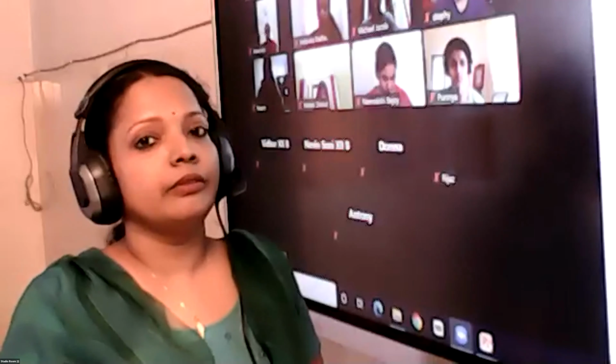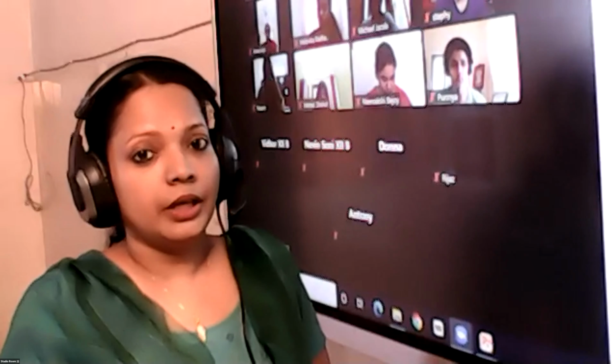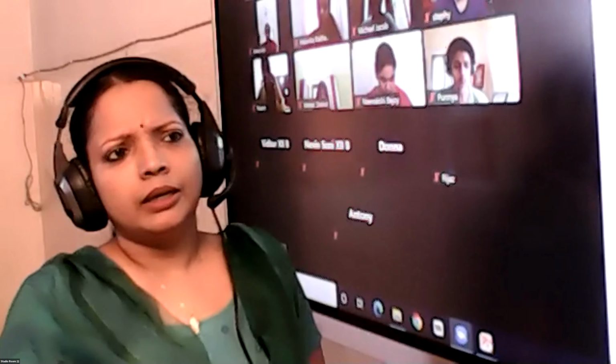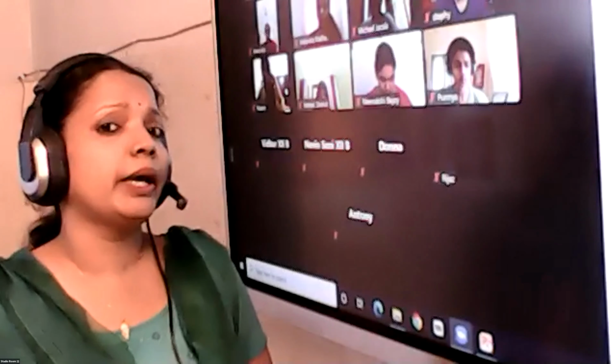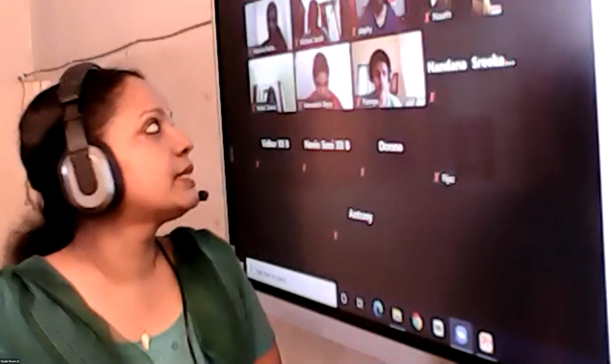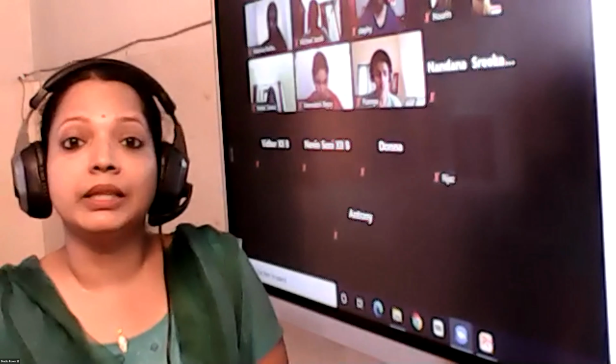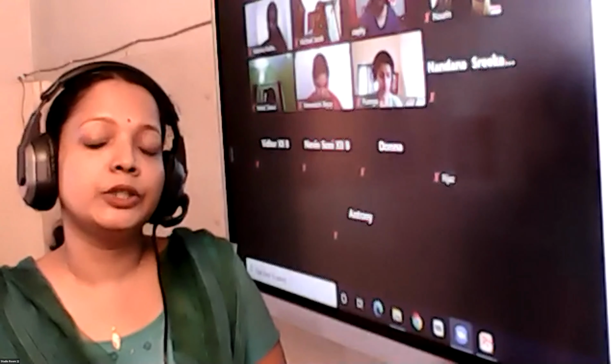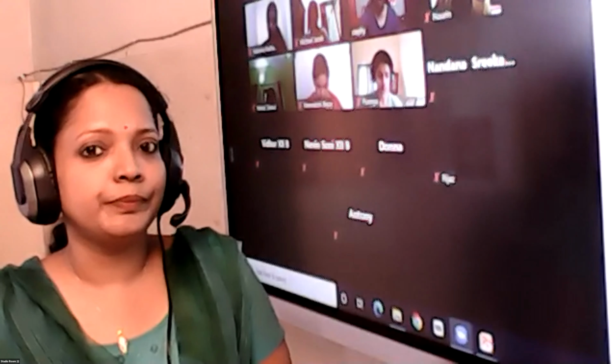Pollen grains are covered with mucilaginous coating. What for? To prevent it from getting wet. And the adaptations shown by other plants, like for example in Vallisneria. Steffi, tell me the adaptations shown by the flowers of Vallisneria to promote pollination.